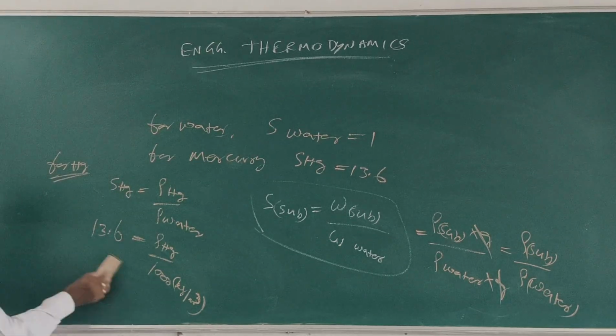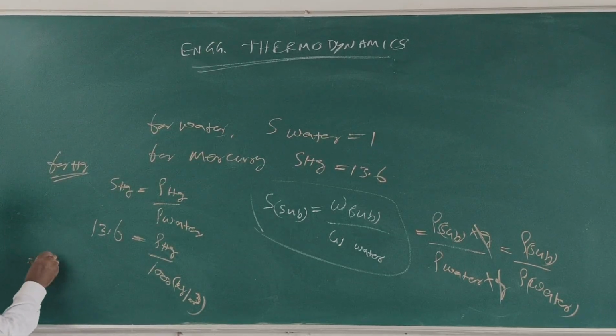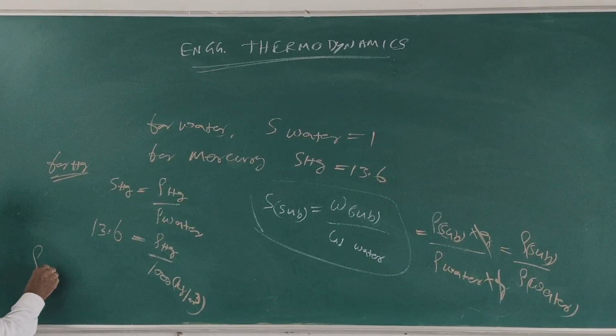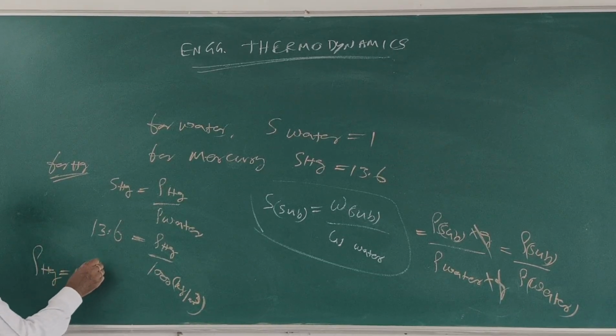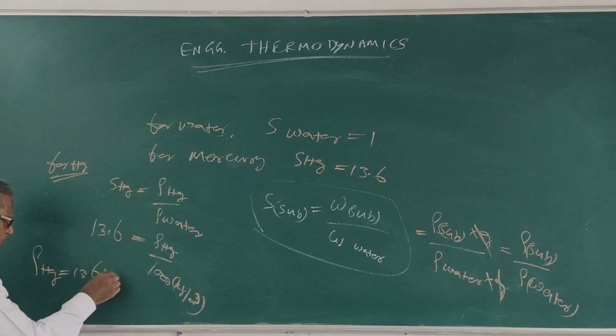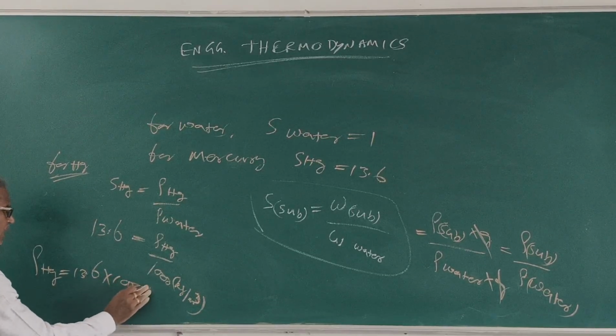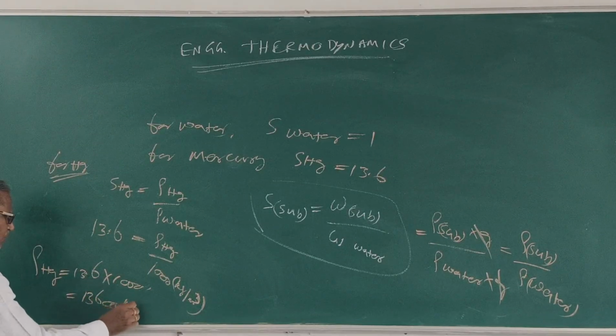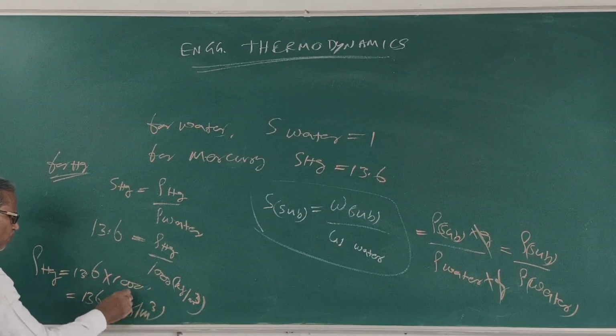Clear? So rho Hg is equal to 13.6 into 1000, which is 13600 kg per meter cube.